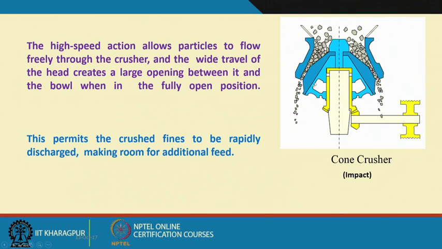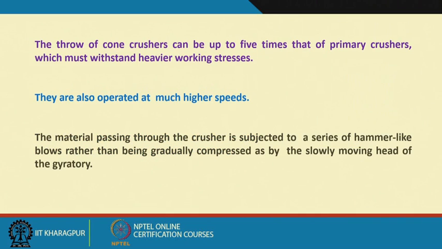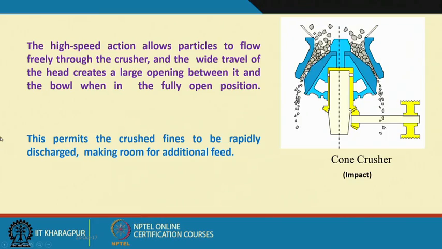If you look at it closely, it is working just like a hammer. So, it is a hammering action, that is the impact you are having. Rather than being gradually compressed by the slowly moving head of the gyratory, as I have already explained, here you are impacting it in a cone crusher.